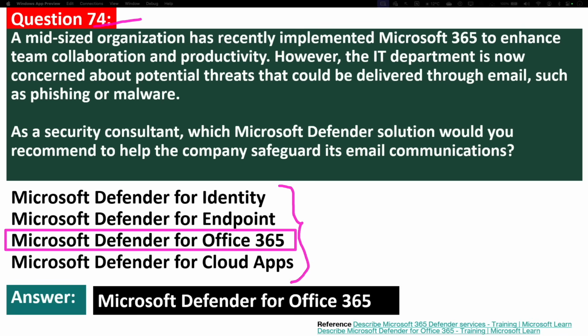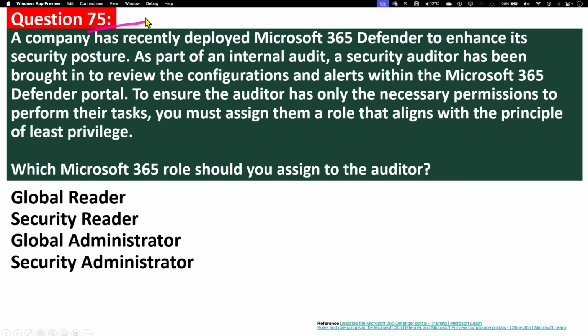Let's look at a real-world example. A retail company receives thousands of emails daily. Microsoft Defender for Office 365 detects and blocks a phishing campaign targeting employees with fake invoices, preventing credential theft and financial loss.